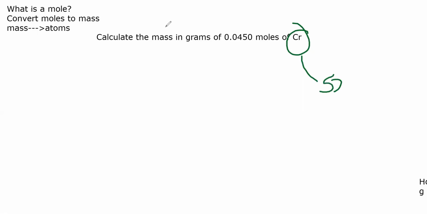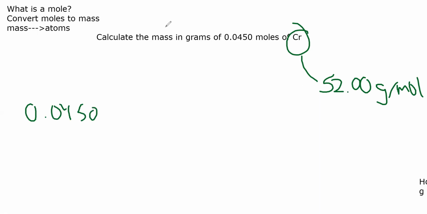So through calculations I did before, we know that it's 52 grams per mole. So we can write out 0.045 moles of chromium, multiply that, and I'm going to put moles on the bottom so they cancel out.